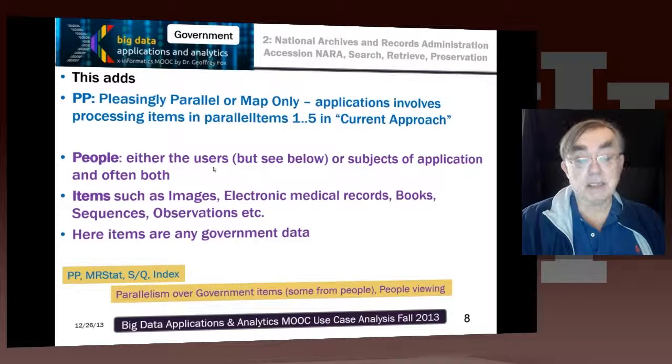So here I said government items, and if we go on to the general discussion in the next unit, we will discuss very common items like images, health, electronic medical records, books, web pages, sequences, scientific observation, etc. And for this particular use case, items are government data.